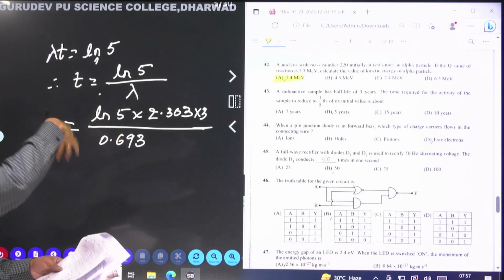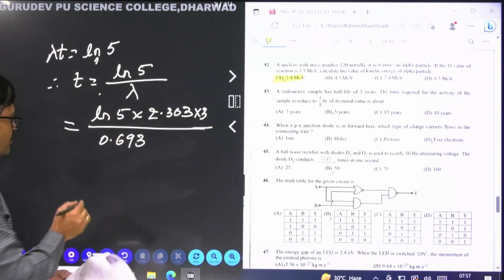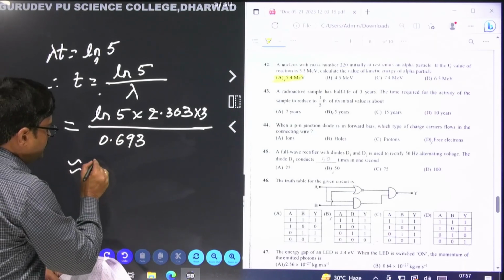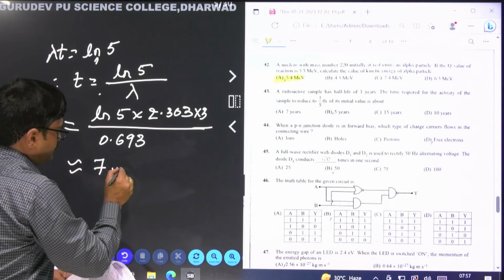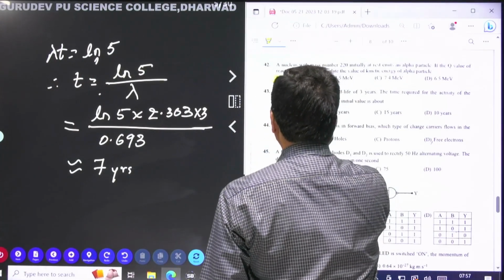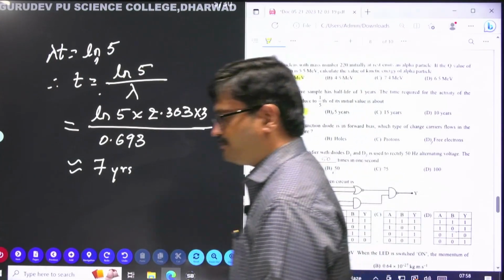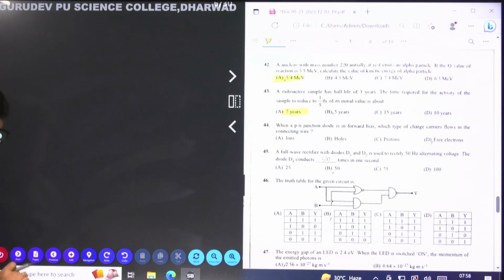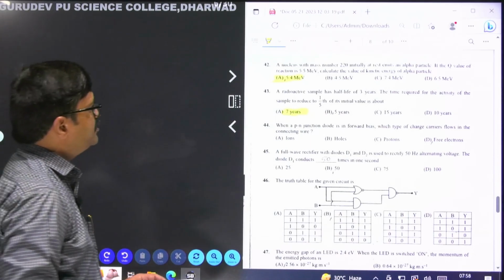Okay, so if we just substitute this value, we'll be obtaining the value of time as approximately around 7 years. Okay, so over here 7 years happens to be our right answer, my dear friends. Okay, so I hope this was clear. Now let me move on to the next question, that is question number 44.